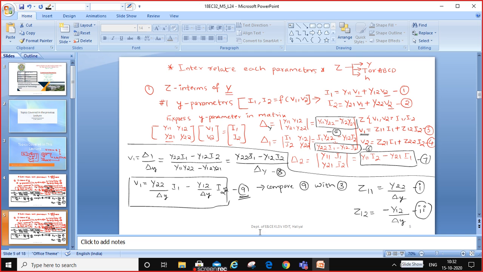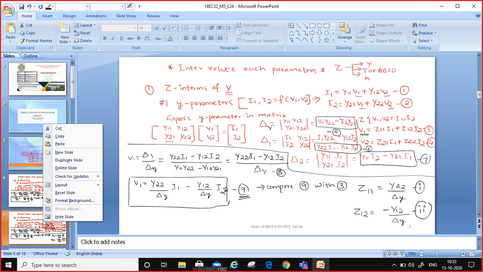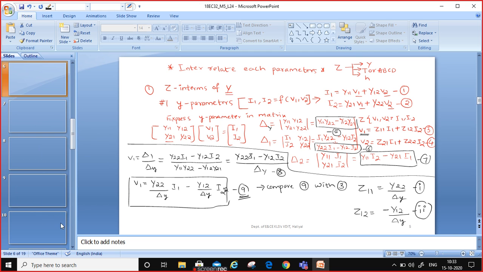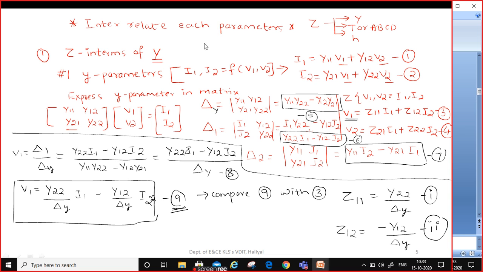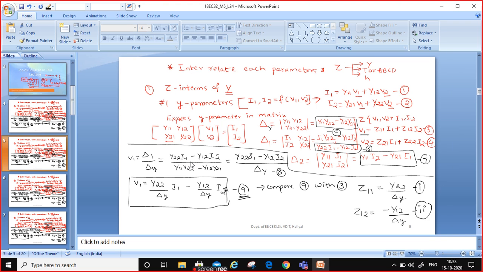We can have multiple duplicates. So here we have to just change a few things.